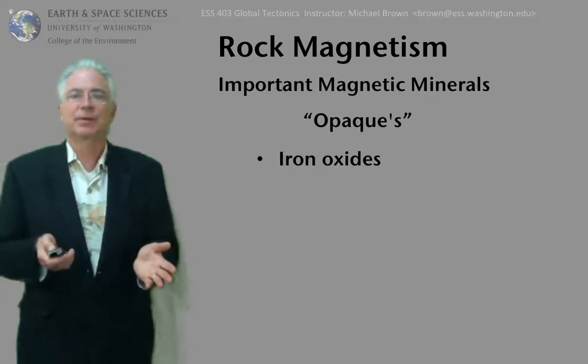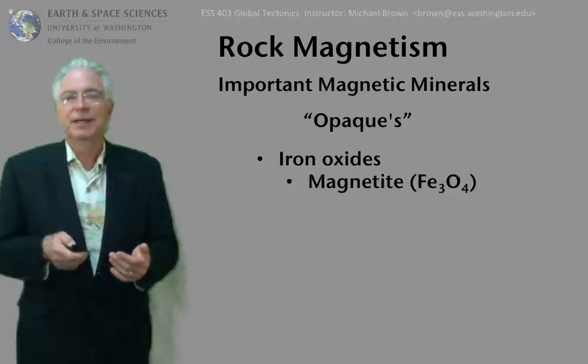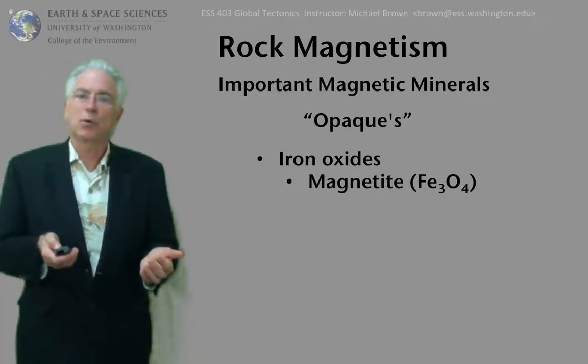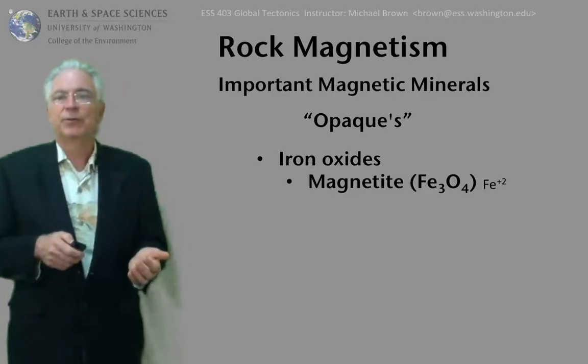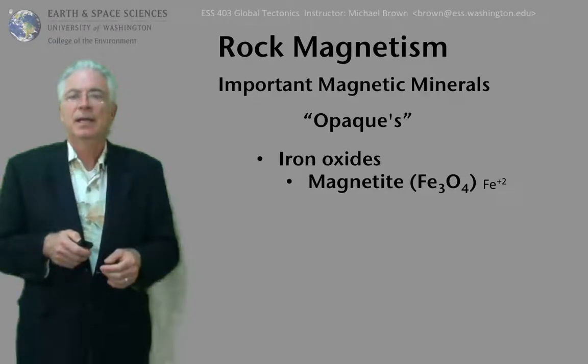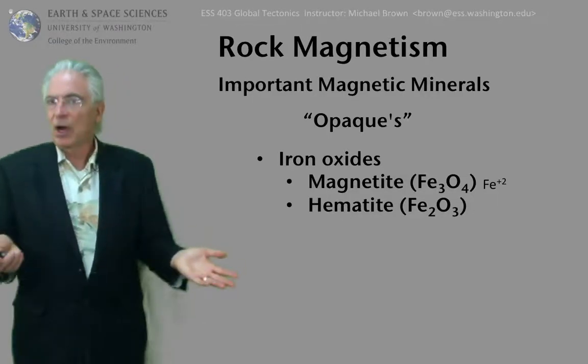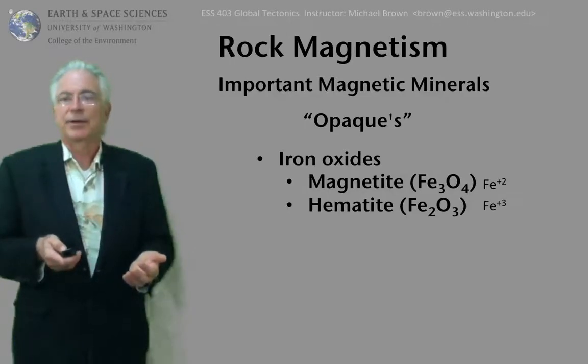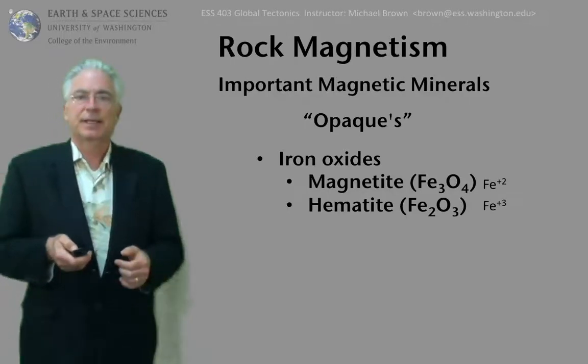Among these important minerals are the iron oxides, and common iron oxide is magnetite, which is Fe3O4, and Fe3O4 has iron in the +2 valence state. Hematite, another common iron oxide, is Fe2O3, and here iron is in the +3 valence state.